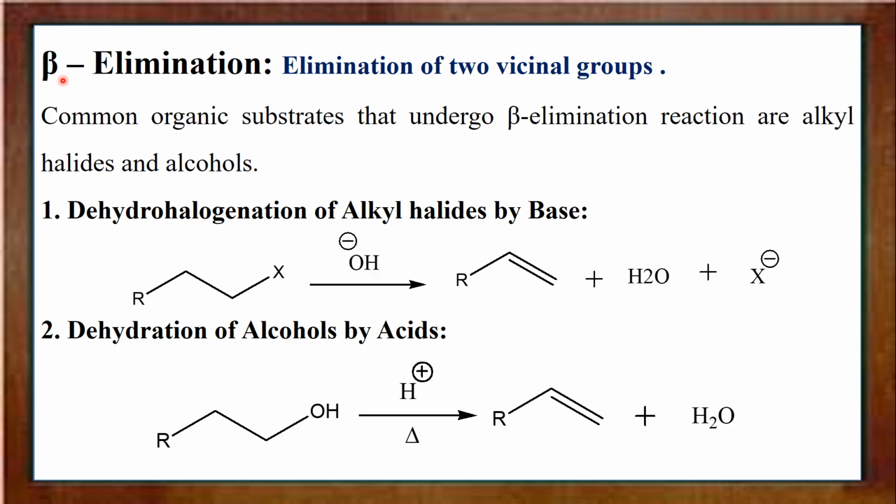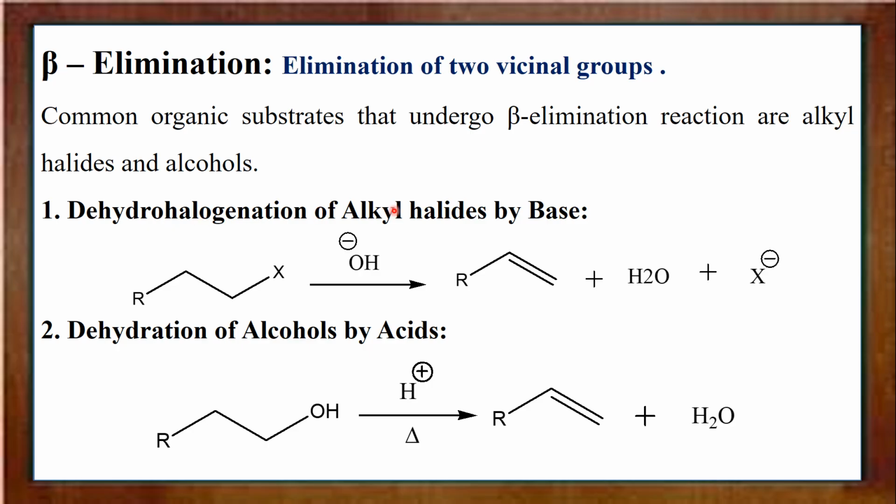So in a beta elimination, two groups present on adjacent carbon atoms are eliminated. The common organic substrates which undergo beta elimination are alkyl halides, alcohols, and even quaternary ammonium salts.